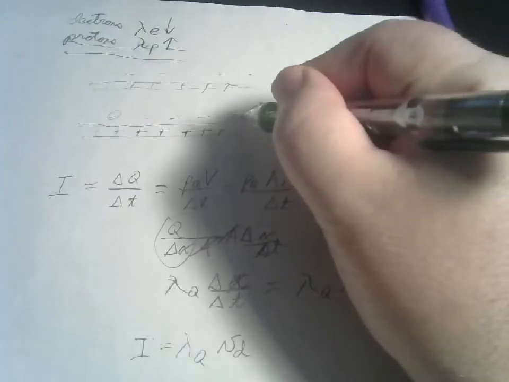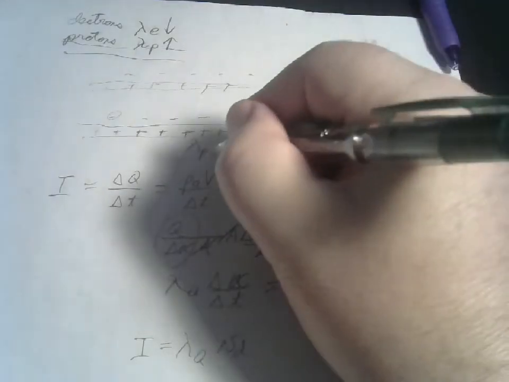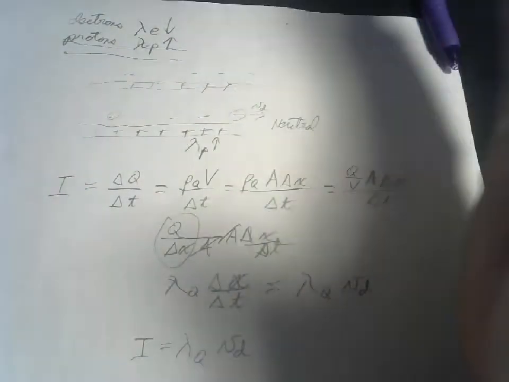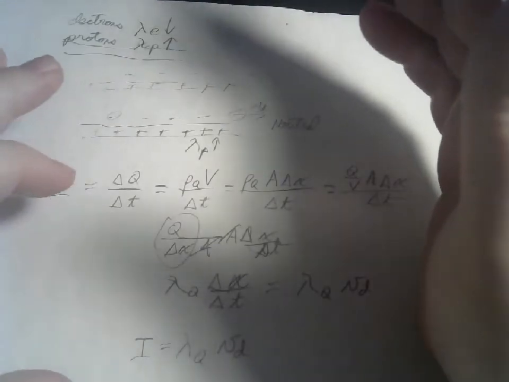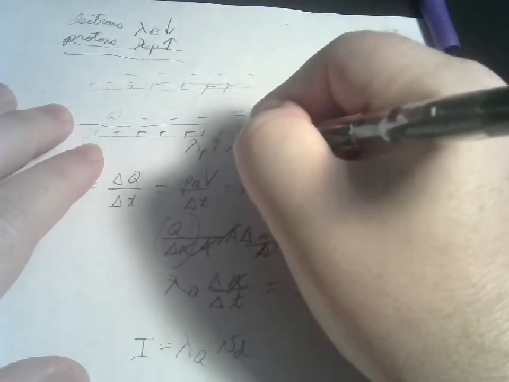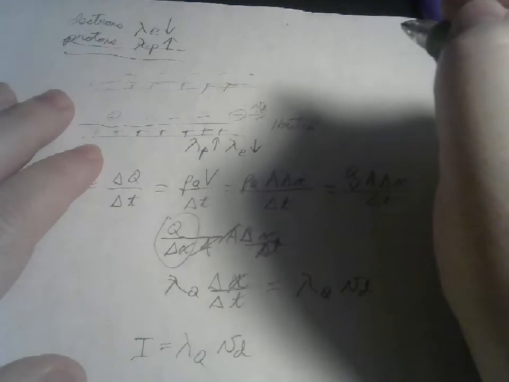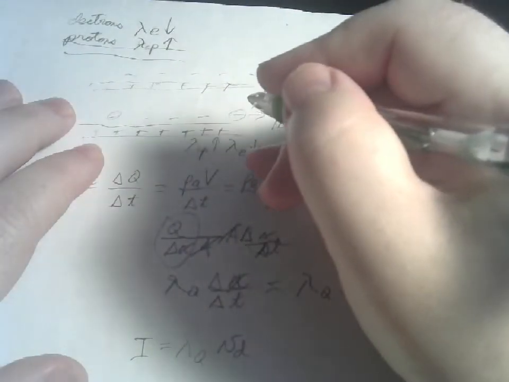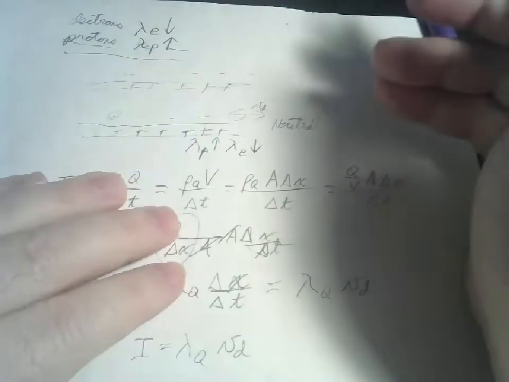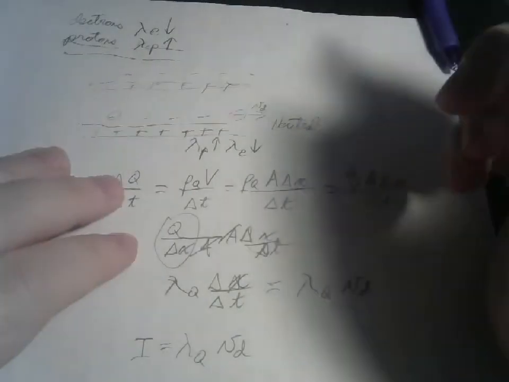What happens then is that the positive charges, their linear density increases, which means they bunch up together in my frame of reference. On the other hand, the electrons around me, their linear density decreases, because they were Lorentz contracted in the original frame, and now they become uncontracted now that I am moving along with them.